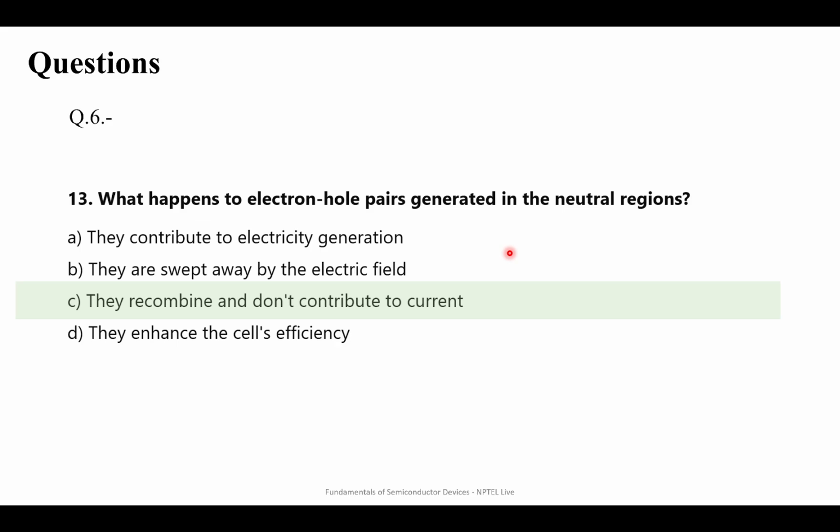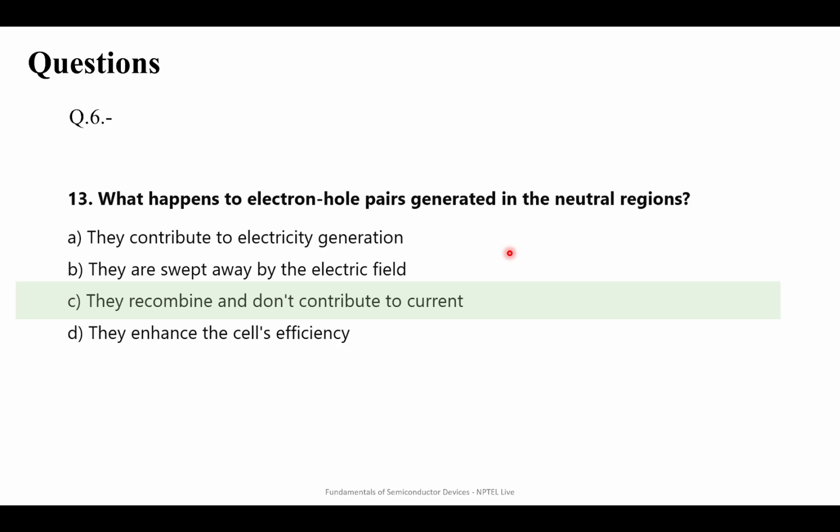So when you generate an electron hole pair in those regions, there's no electric field to separate the carriers, so they will just recombine, and we don't have free electrons and holes.